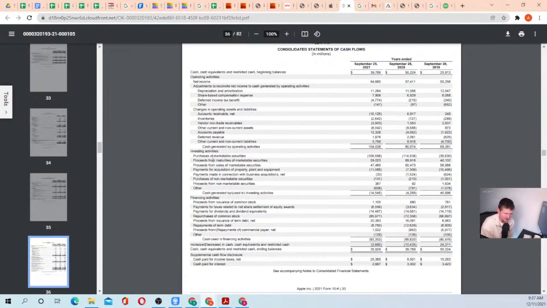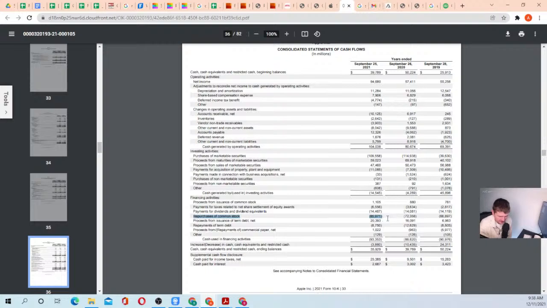Okay, and we see that Apple is doing quite good. Operating cash flow, $100 million. Investing activities, $14 million. And what else do we have here? Financing activities, $93 million outflow, and most of the outflow is for repurchases of common stock.